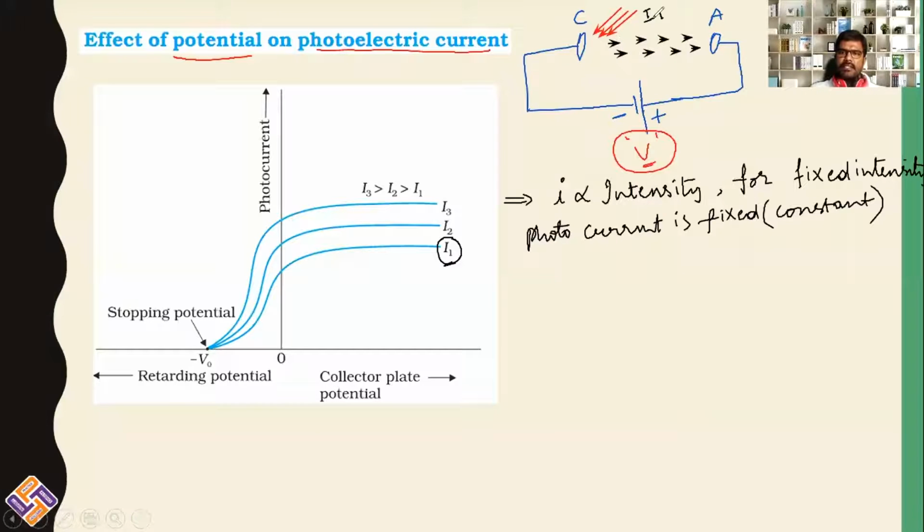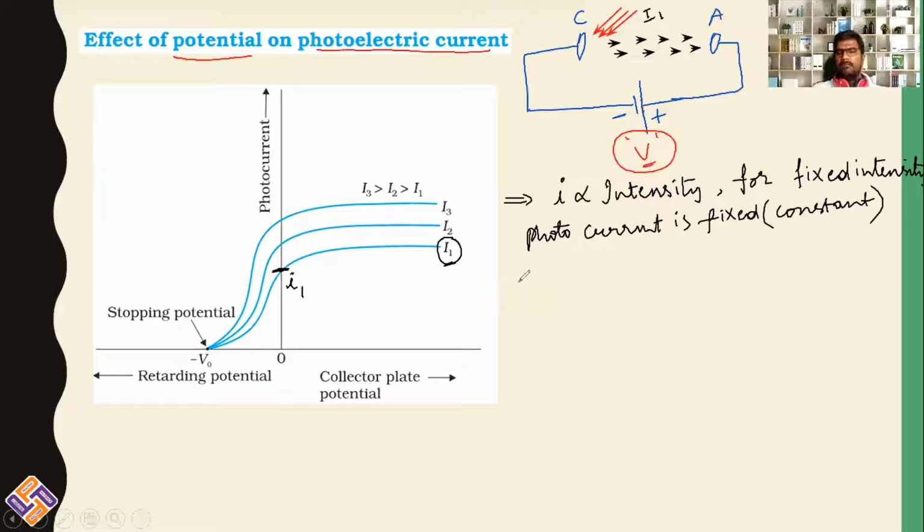For certain intensity I1, there are some number of electrons ejected, and those electrons are able to reach this anode. Obviously, corresponding to this intensity I1, there will be some amount of current observed, and that current I consider as small i1.